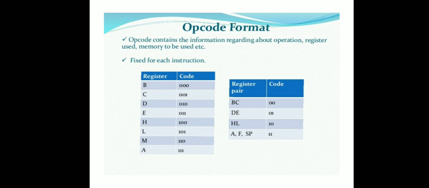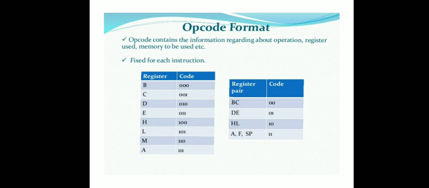Now we discuss the opcode format. The opcode contains the information regarding the operation, register used, memory to be used, etc. This table shows the fixed instruction code for the different registers or register pairs used in the 8085 microprocessor operation.